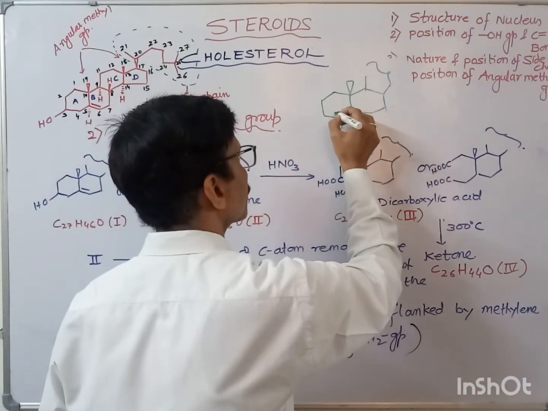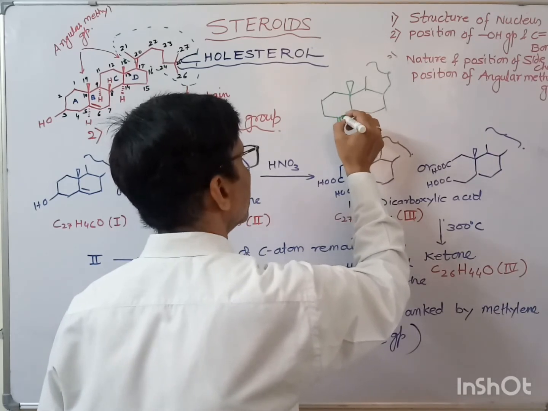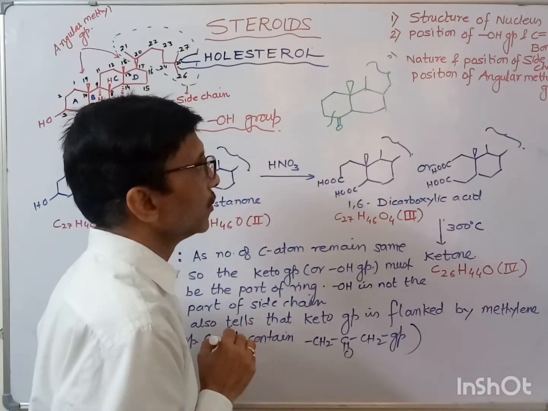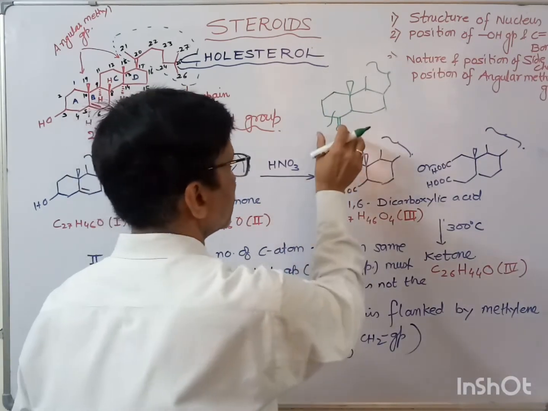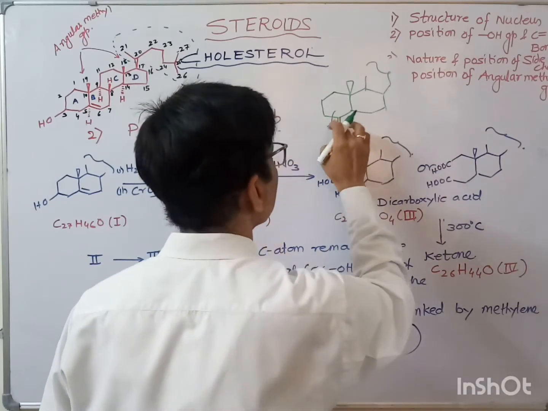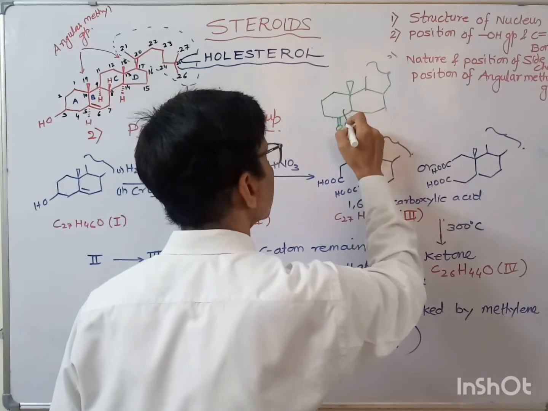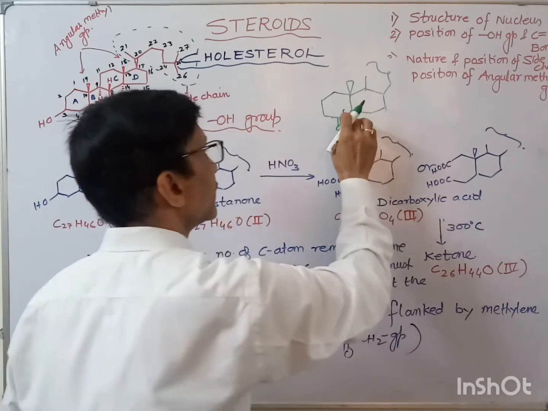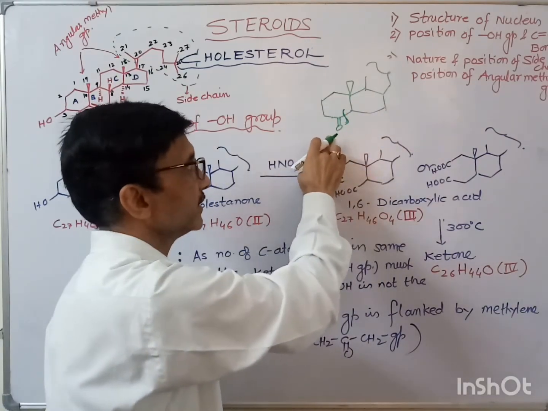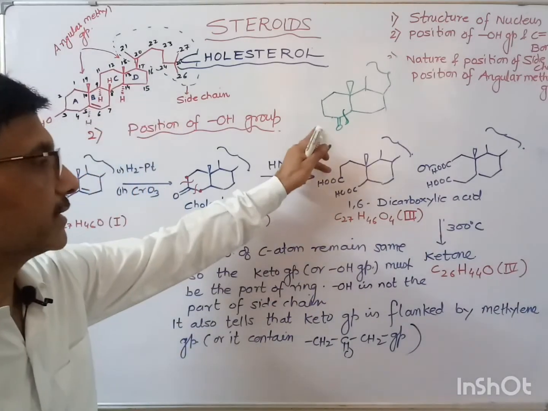Suppose it breaks from here, then this may form the keto, and this will form the acid. So the dicarboxylic acid may not form in this case.